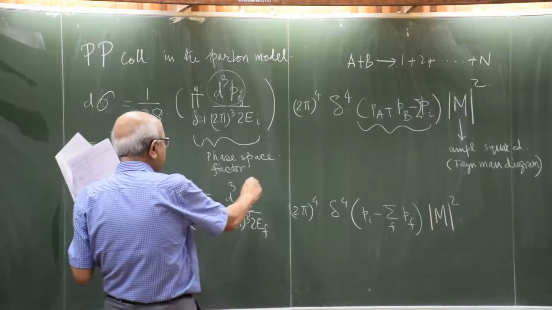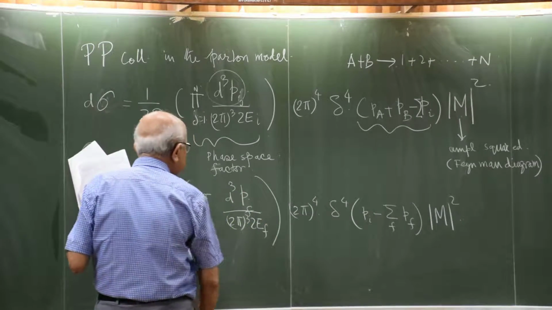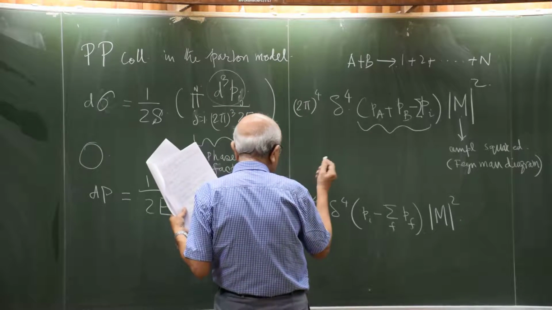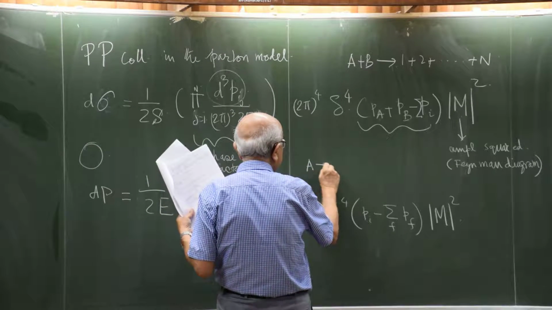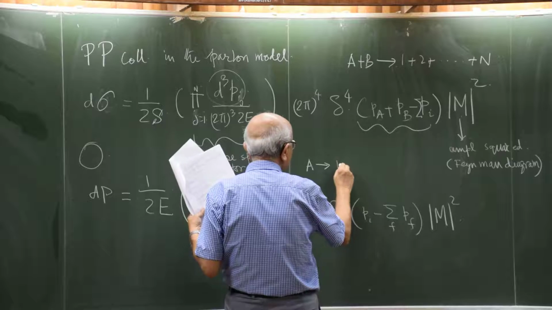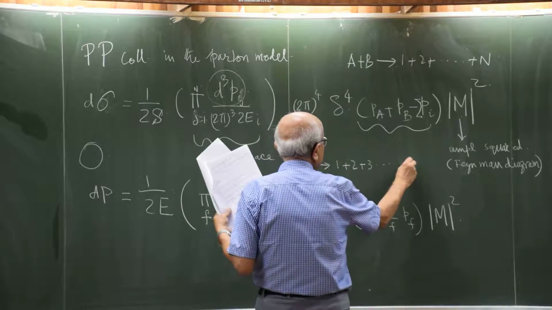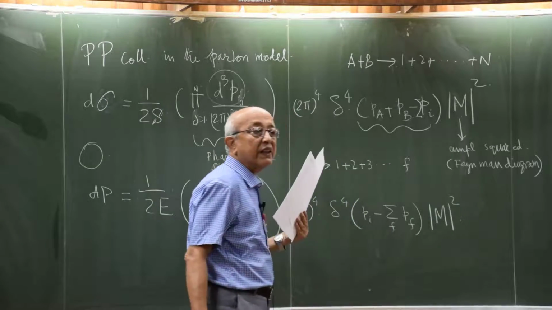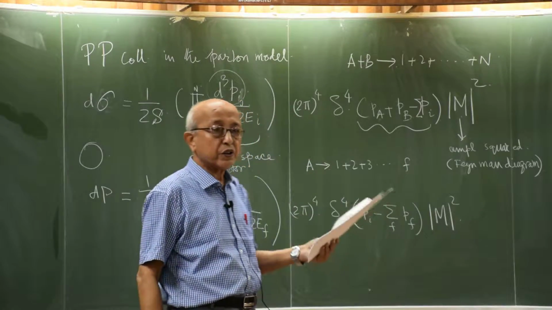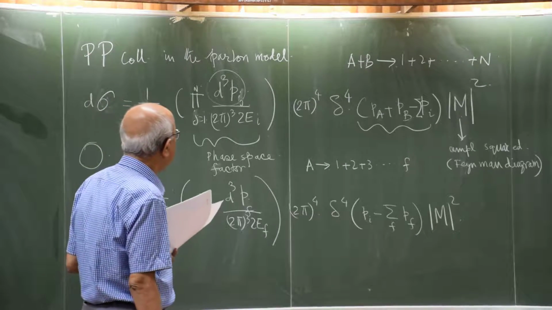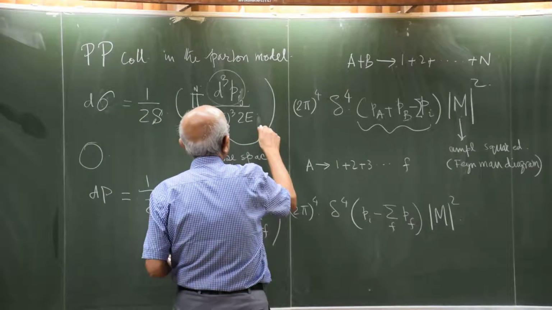So we have a similar phase space here. Here it is assumed that the initial particle, let us say some A, goes to 1, 2, 3. There are F particles in the final state. That will also be Ej. Sorry? The first equation Ej. Oh yeah, sure. Thank you.